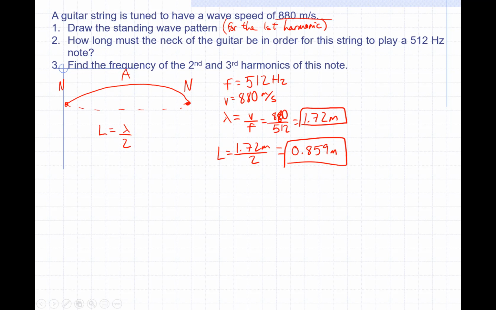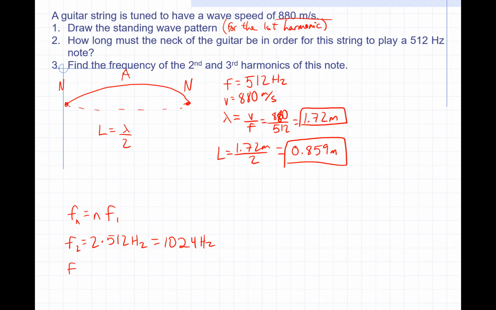Okay, find the frequency of the second and third harmonics of this note. Well, we know that the frequency of the nth harmonic is just n times the frequency of the first. So the frequency of the second harmonic is just 2 times 512 Hertz equals 1024 Hertz.